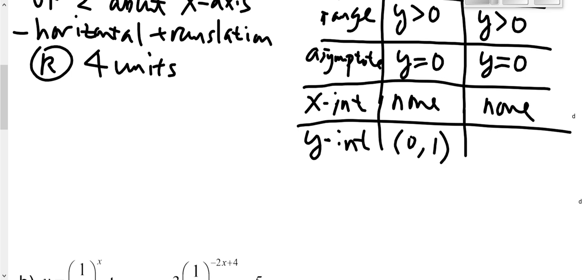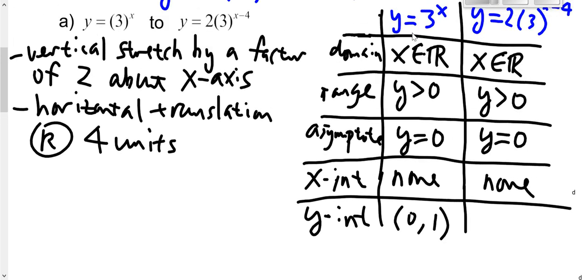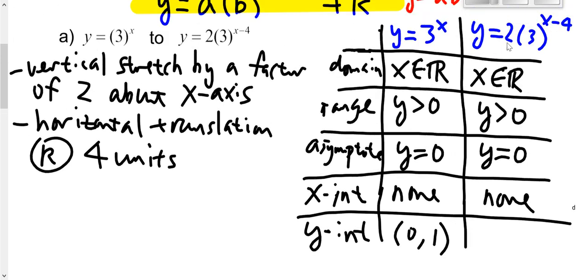For the y-intercept, so for this one, y-intercept means when x is 0. When x is 0, you plug that in: y equals 2 times 3 raised to the power of 0 minus 4.